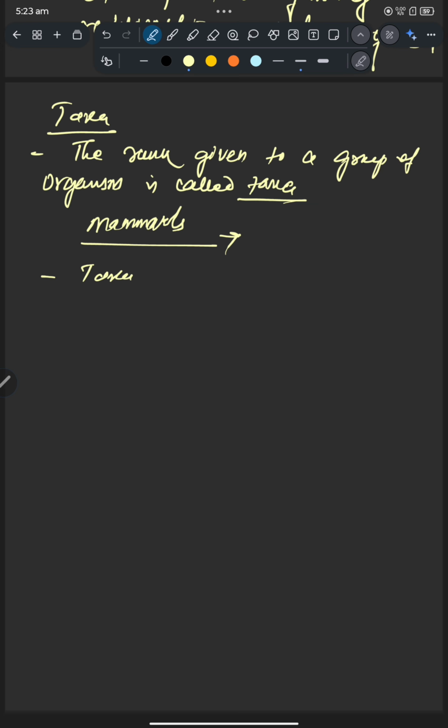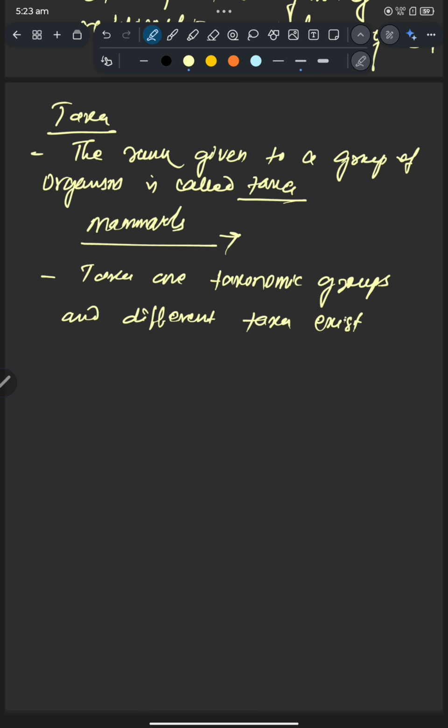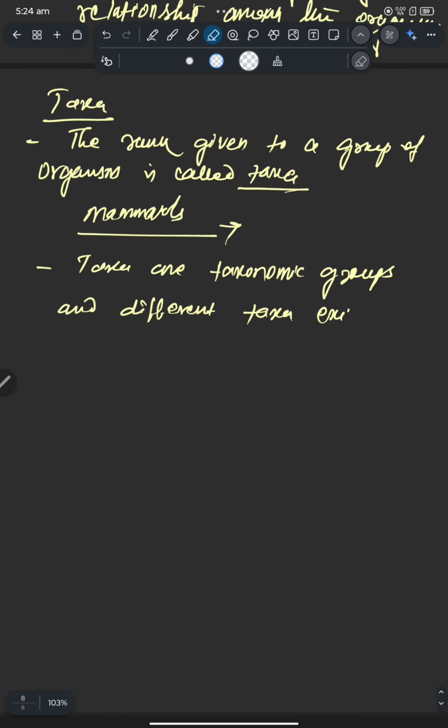Taxa are taxonomic groups or categories, and different taxa exist at different levels.